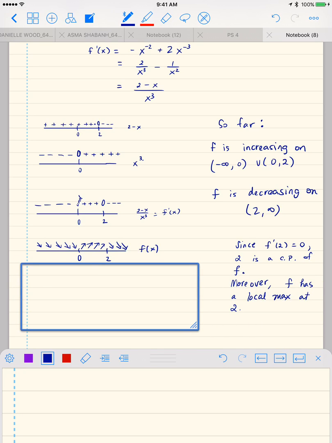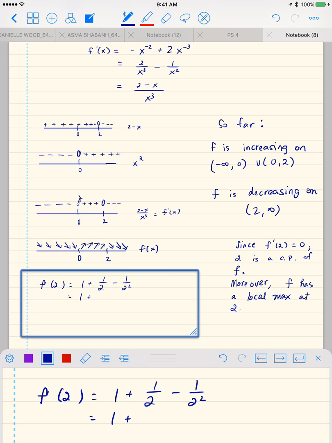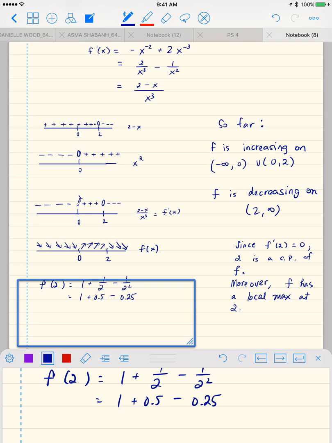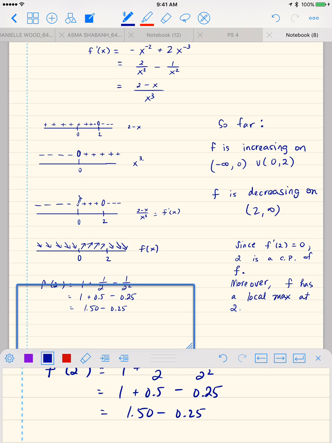So let's find the local maximum value. f of 2 is going to be 1 plus 1 over 2 minus 1 over 2 squared, which is going to be 1 plus 0.5 minus 0.25. So we'll have 1.5 minus 0.25, which is going to be 1.25.